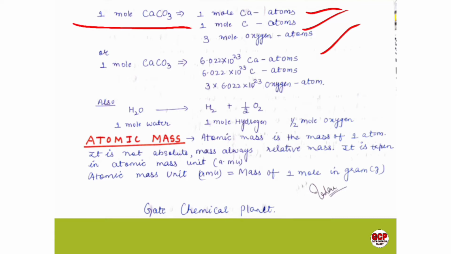Or we can say 1 mole calcium carbonate equals 6.022 × 10^23 calcium atoms, or 6.022 × 10^23 carbon atoms, or 3 × 6.022 × 10^23 oxygen atoms.